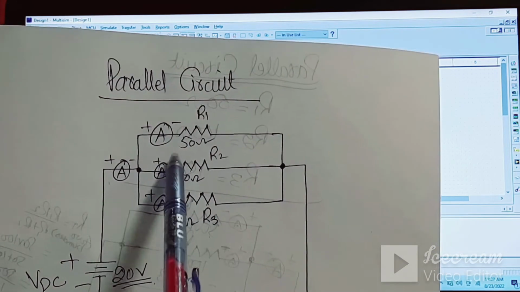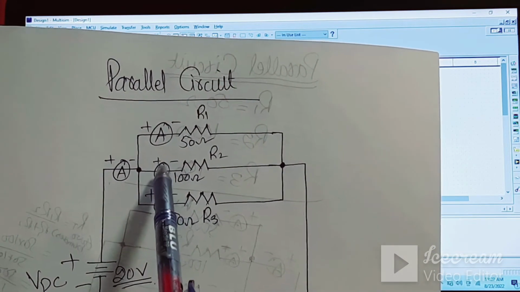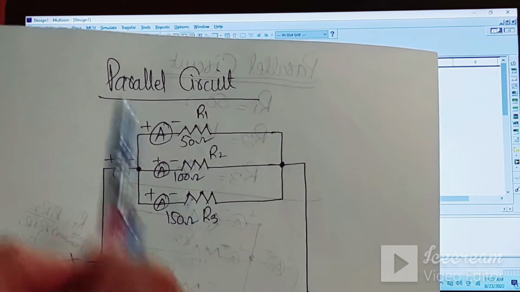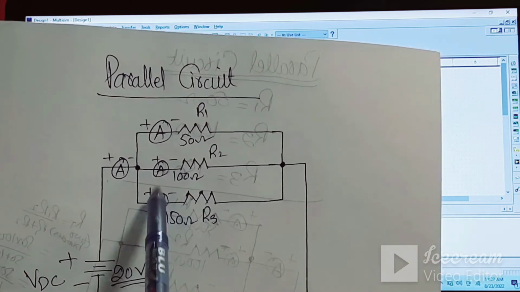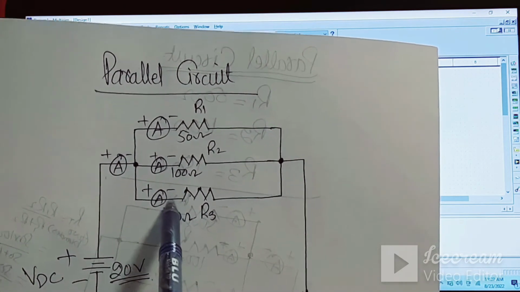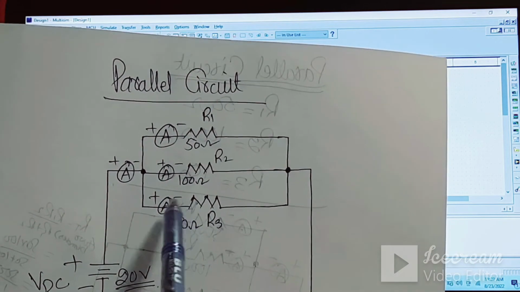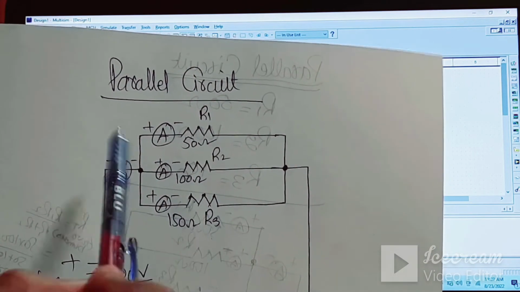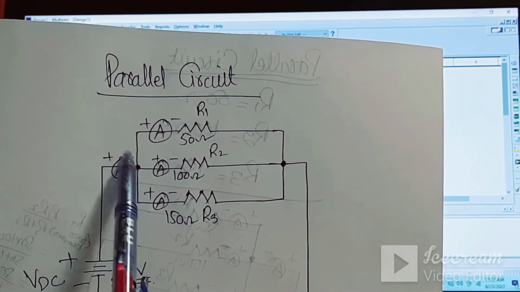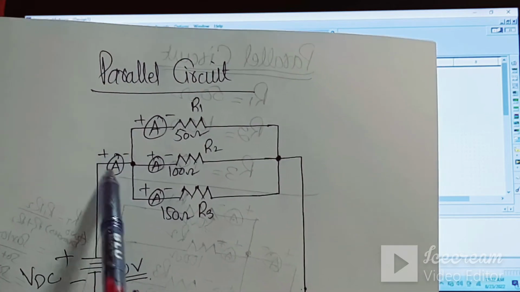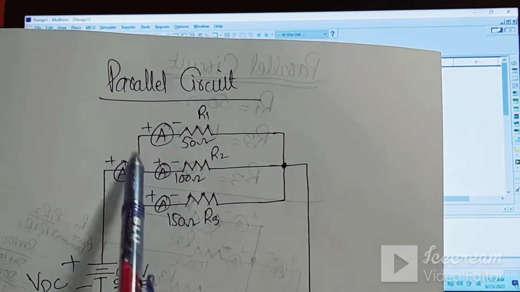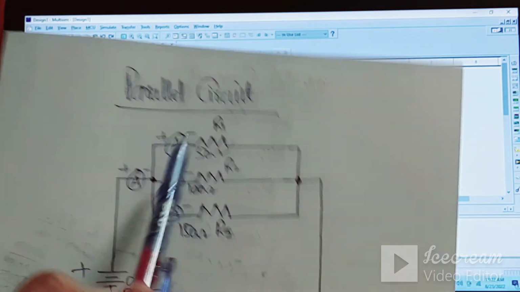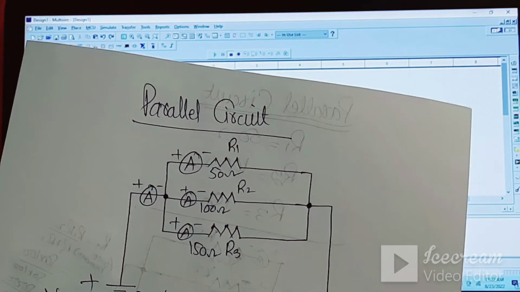This ammeter will give us the reading of the current flowing through the R2 branch, and if we place the ammeter over here, this will give us the reading of the current flowing through the R3 branch, and this one will give us the I total current flowing through the total parallel circuit.